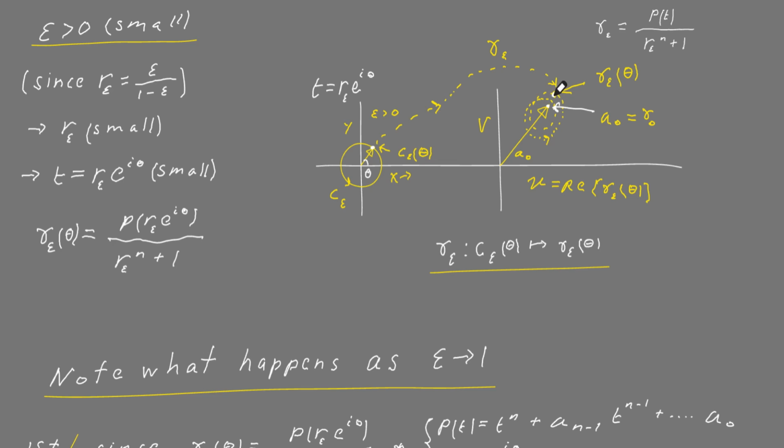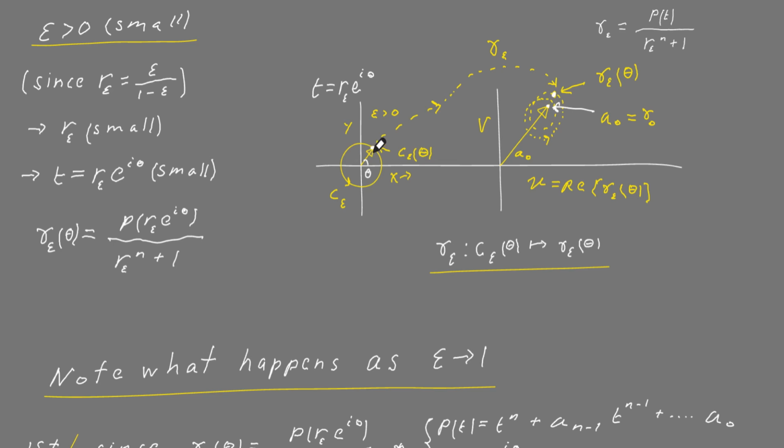And that point is going to be close to this point. And that's because this point is close to this point, and a0 is from this point. So these 2 points are close together, and the function gamma is continuous. So these 2 points are going to be close together.